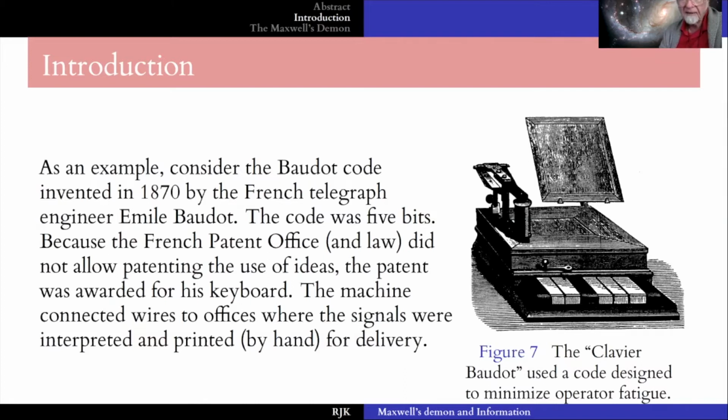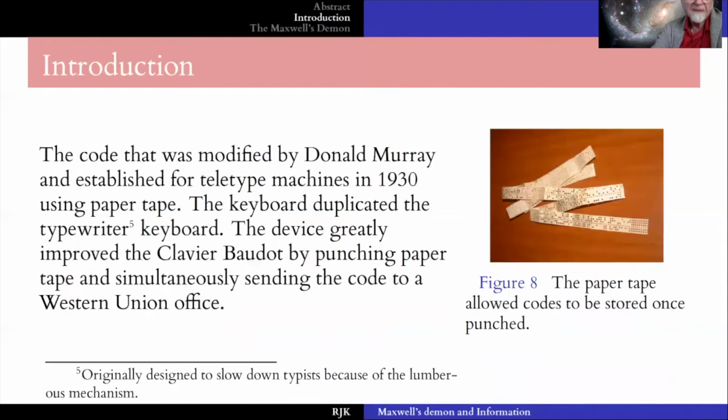The machine that's shown on the right had just 5 keys, and the signals that came out of that were directly connected by wires to another office where the signals were interpreted and printed by hand for delivery. So this was the first code that was done.